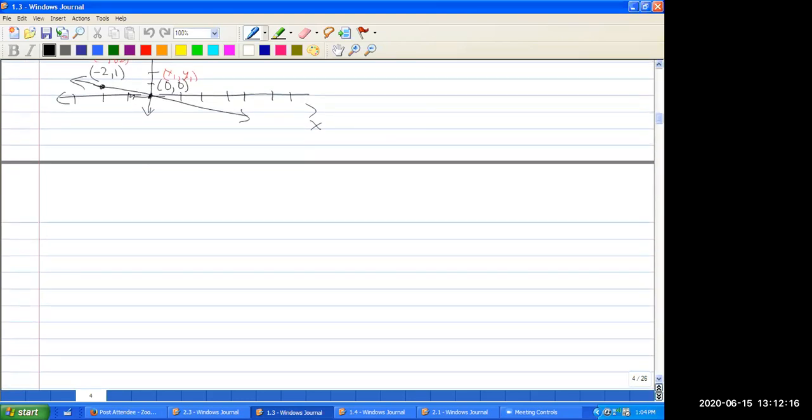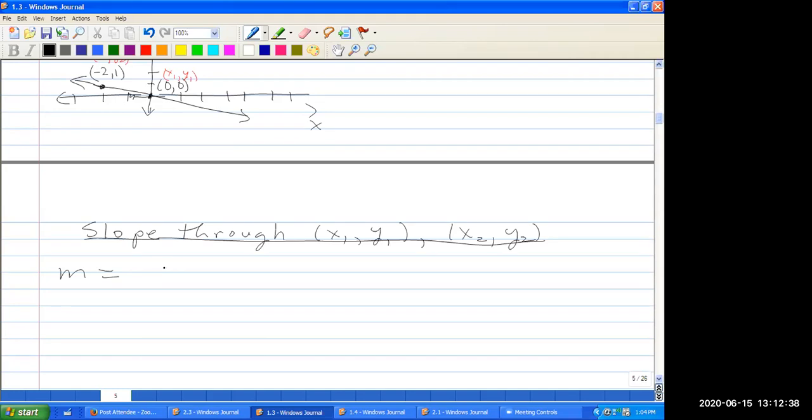So the slope of a line through two points on the line, x1, y1, and x2, y2, is just equal to y2 minus y1 over x2 minus x1.